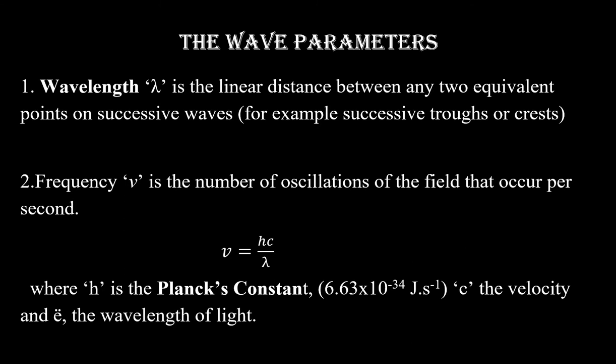Nu is equal to c by lambda, and energy E is equal to h nu, where h is Planck's constant, 6.63 times 10 raised to minus 34 joule seconds, c the velocity and lambda the wavelength of the light.